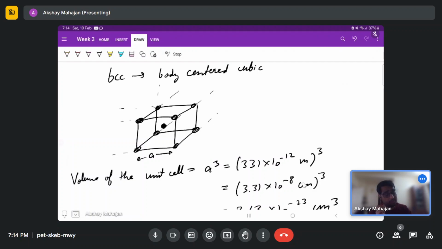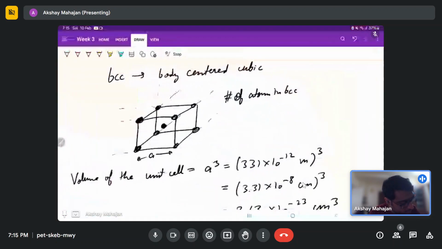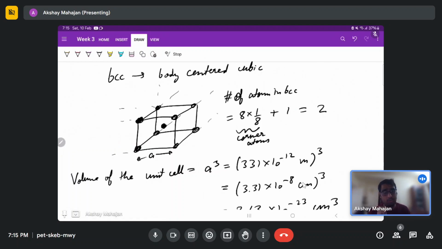So each of the atoms at the corner will be shared by 8 unit cells. So the number of atoms in BCC will be equal to 8 times 1 by 8, because these are the corner atoms, each shared by 8 unit cells, plus 1 which is at the center. So this will be equal to 2. So there will be 2 atoms in a BCC unit cell.